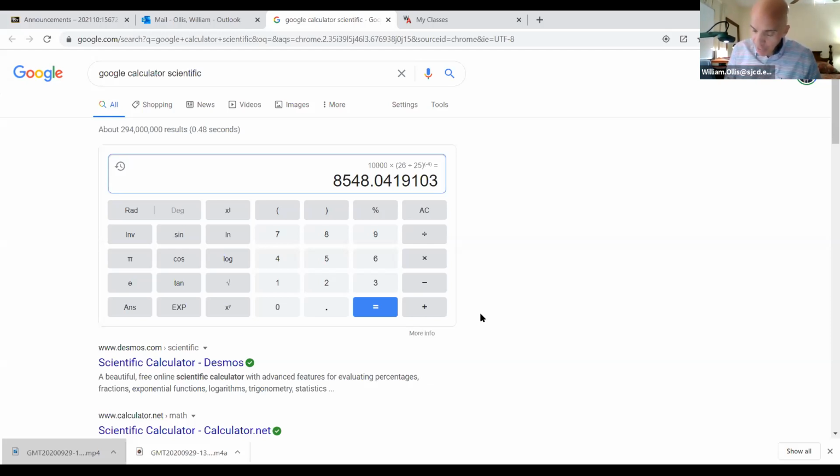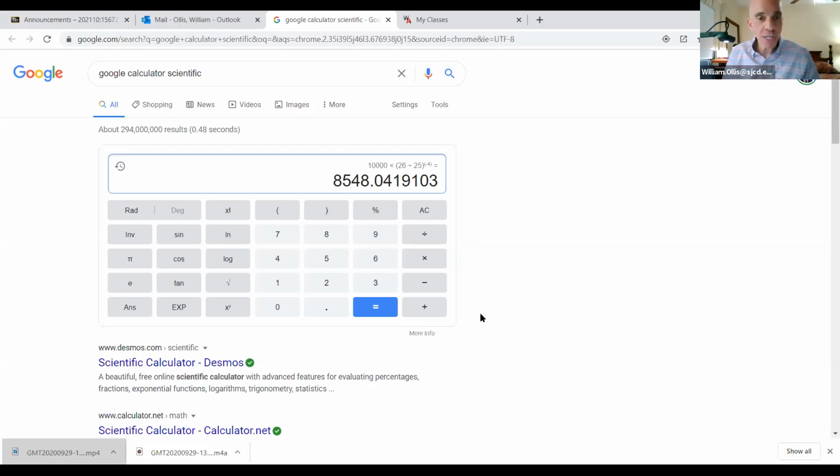Now I keep getting messages from everyone, and maybe not so much from this class, but you ignore the formatting, and then you wonder why your answers are wrong. Well, because you're not following the directions. And ladies and gentlemen, it is imperative that you read the formatting and that you use exact computation.